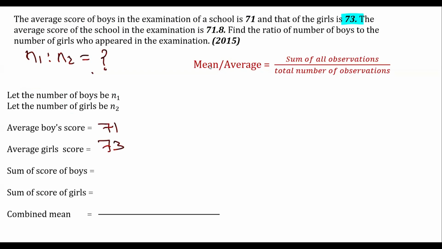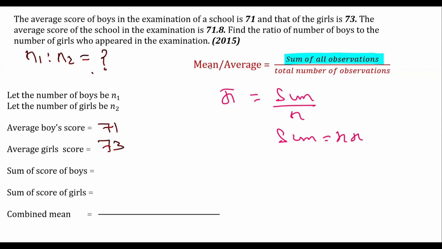Now let's figure out that mean is equal to sum divided by the number of observations. That means if I take x bar as the mean, and say this is the sum, and n is the number of students, by cross multiplication the sum is x bar multiplied by n, or n multiplied by x bar.